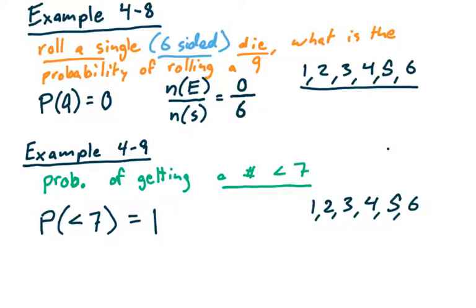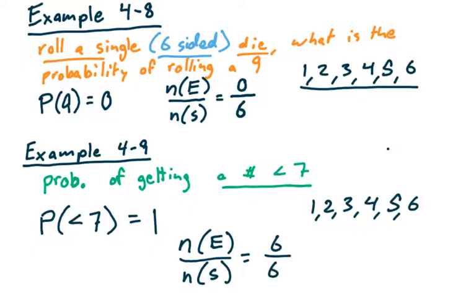The other way that we can think about it might seem like we're saying exactly the same thing. We kind of are, but it really wouldn't be too bad if we said it both ways. So here, the traditional way of doing it: the number of outcomes in our event divided by the number of outcomes in the whole sample space is 6/6.